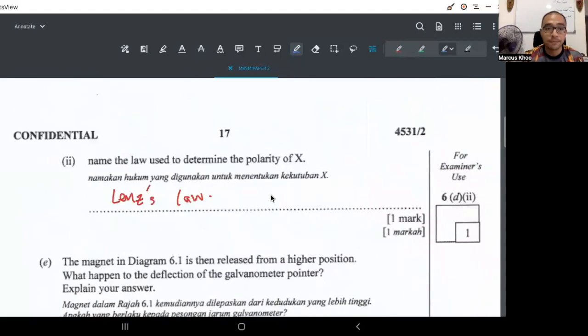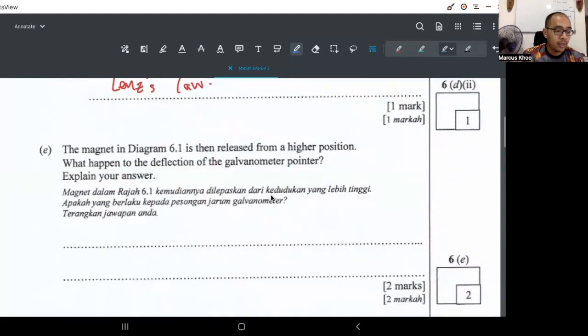Don't mix them up. The magnet in diagram 6.1 is then released from a higher position. So what happens to the deflection? The deflection will increase. Explain your answer.